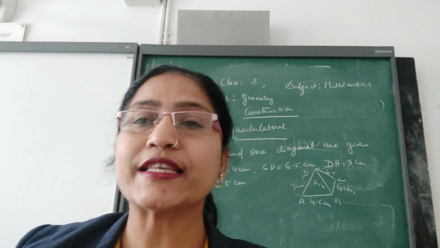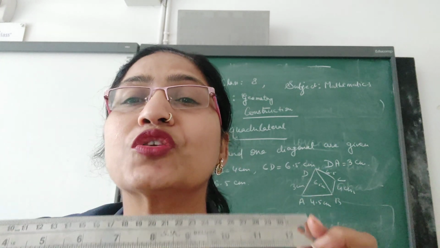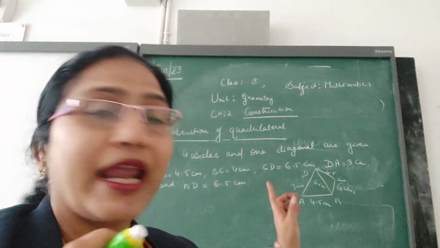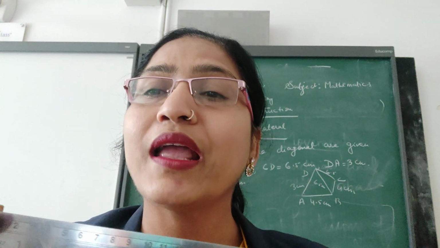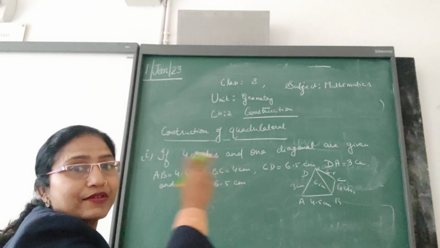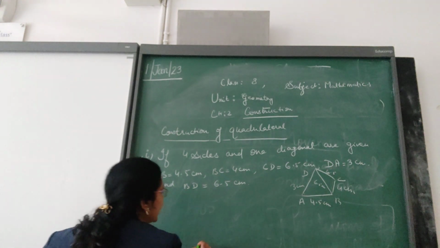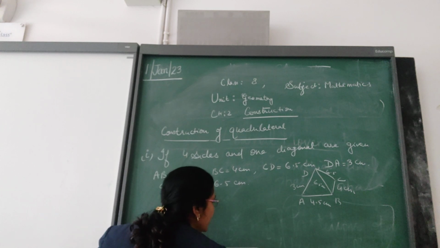Everybody knows where inches is written, where centimeter is mentioned. So this is given, AB length is 4.5 centimeter. So with the help of the scale, you draw the 4.5 centimeter. This is the AB. AB is 4.5 centimeter.